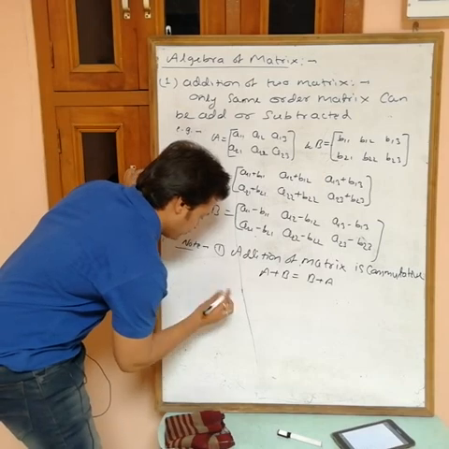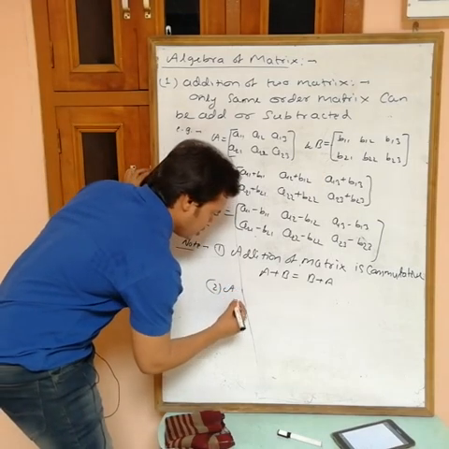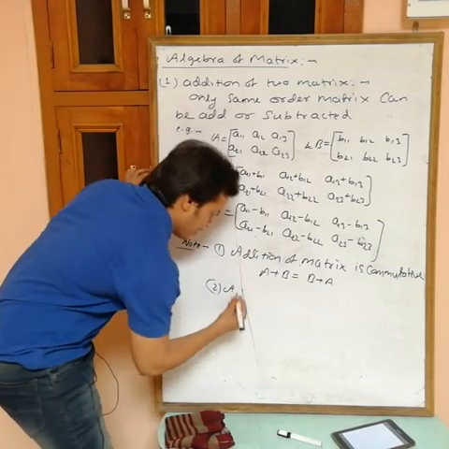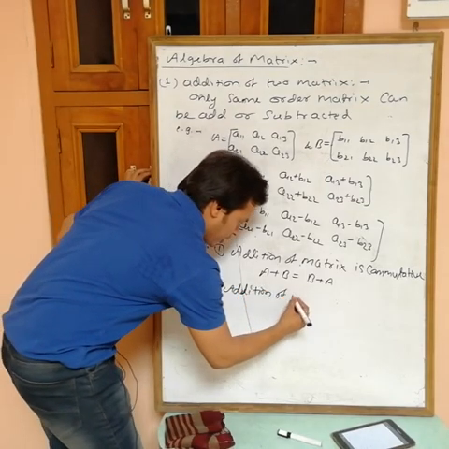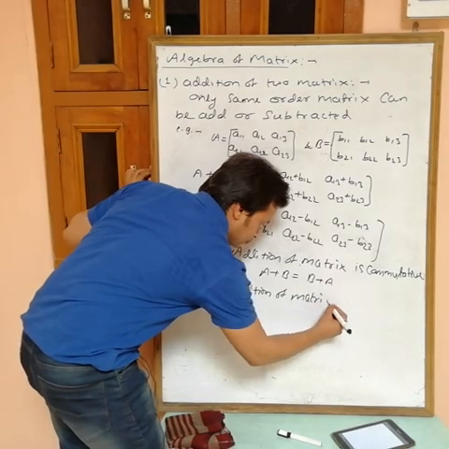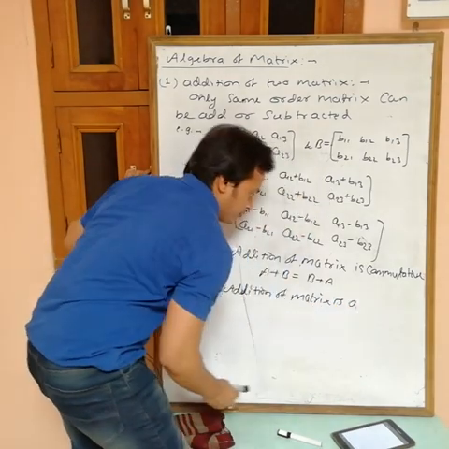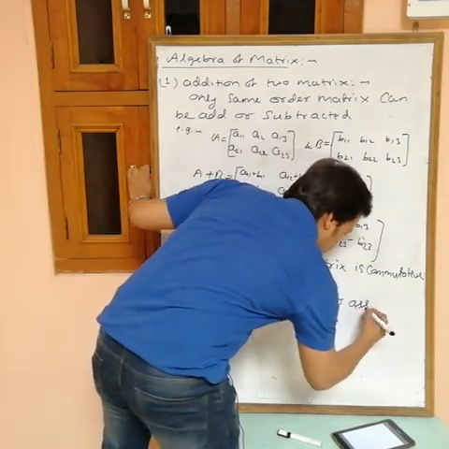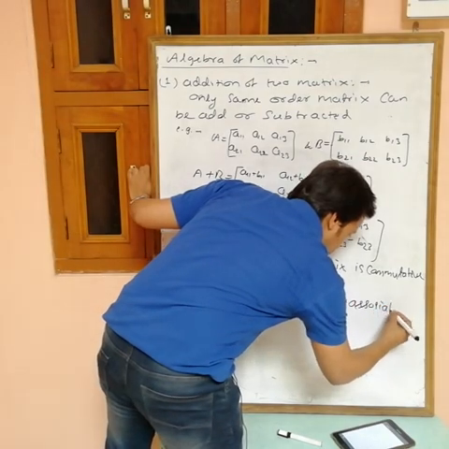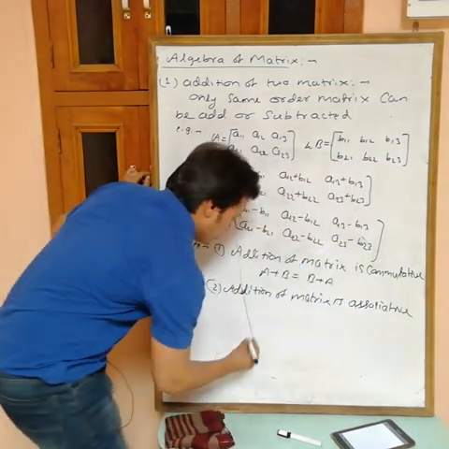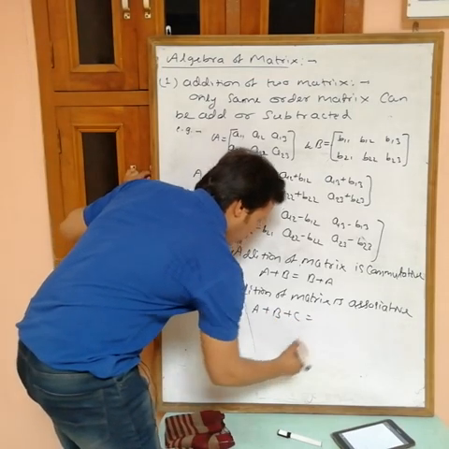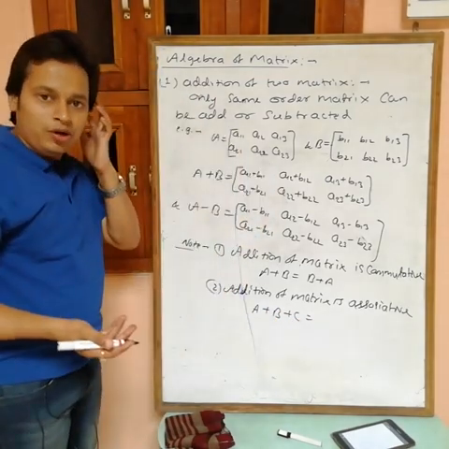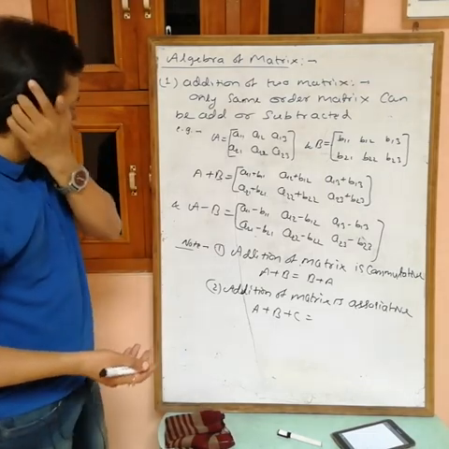And also addition is associative. Addition of matrices is associative. Associative means suppose you want to add any three matrices; at one time we can add only two matrices.